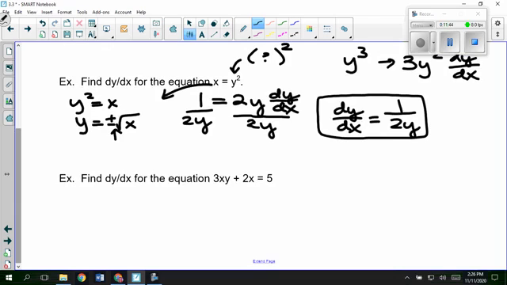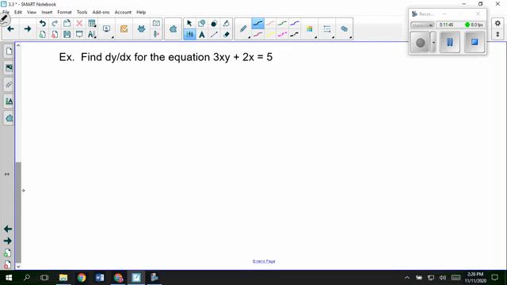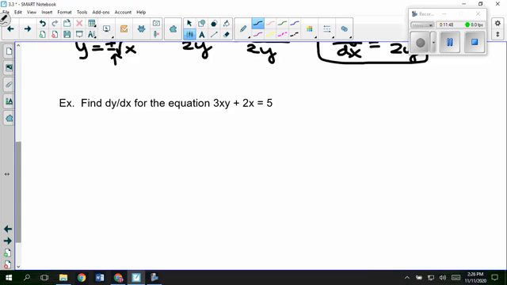Okay, so this particular second example, oops, sorry, jumped maybe a little bit much. This first thing, we have 3x times y. Now, since y is technically some function that we don't know, this is actually a product, so we're going to need to treat it with the product rule. The first part is 3x, the second part is y.